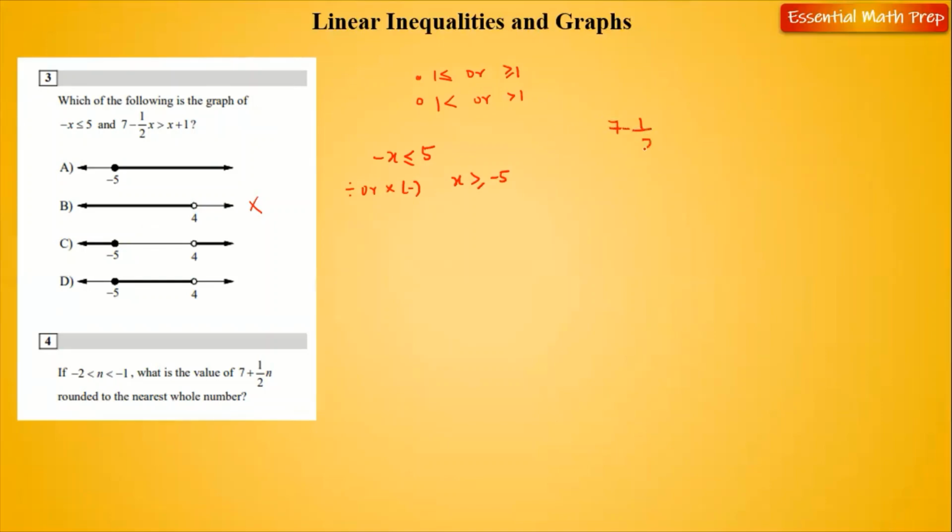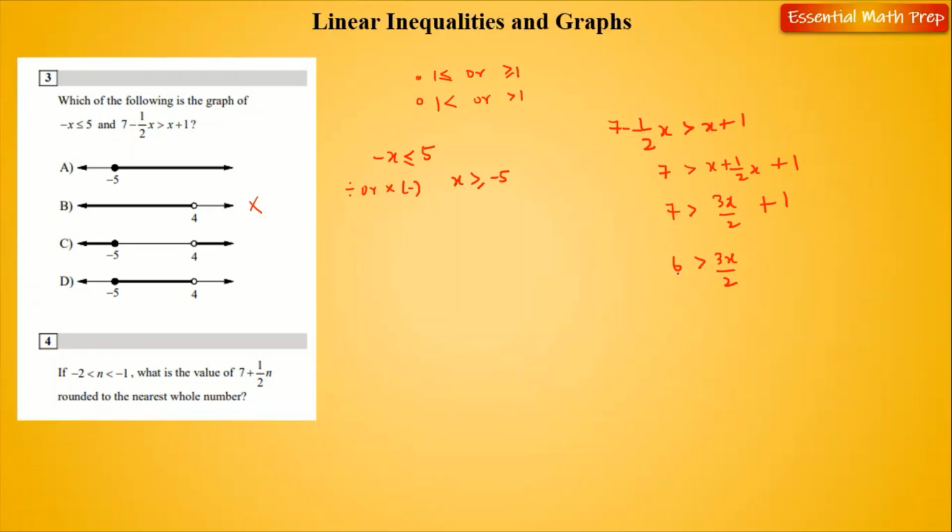So we have 7 minus 1/2 x greater than x plus 1, right? Let's simplify this further. Let's take the half x to the other side, which means it's x plus 1/2 x plus 1, then you have 7 greater than this, right? So we have 7 greater than 3x over 2 plus 1. Now let's subtract 1 on both sides, which is 6 greater than 3x over 2.